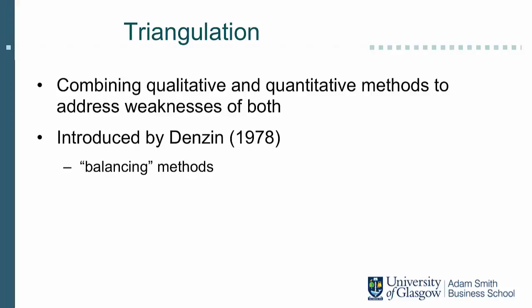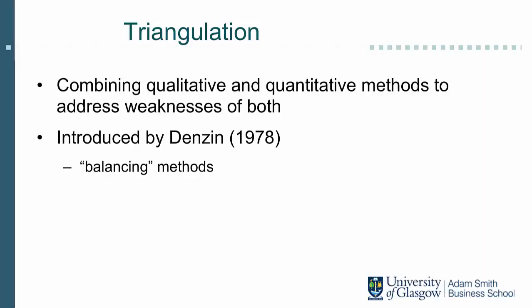Our contemporary understanding of triangulation comes from Denzin, who distinguished between within-method triangulation, i.e. using either multiple quantitative or multiple qualitative methods, and between-method triangulation, which involves both qualitative and quantitative methods.